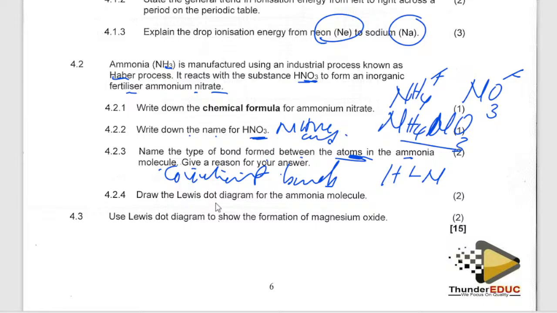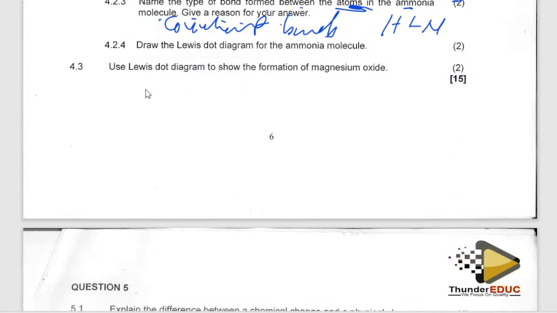Draw the Lewis dot diagram for an ammonia molecule. We say that the ammonia molecule looks like this. They didn't ask for the shape, but we said this shape is called trigonal pyramidal.